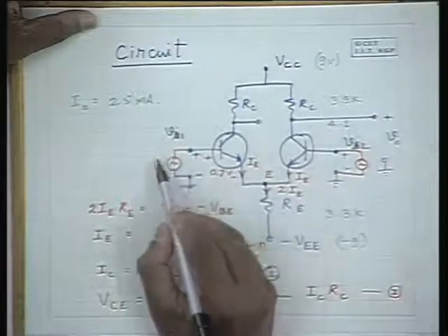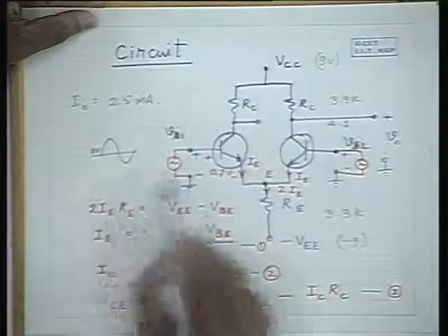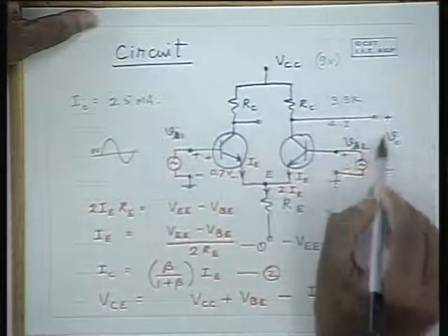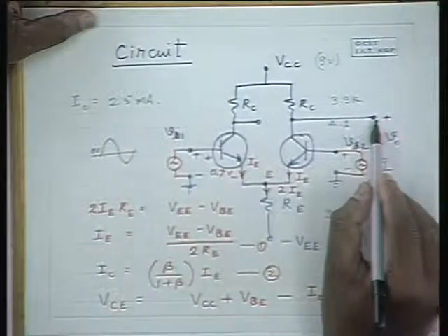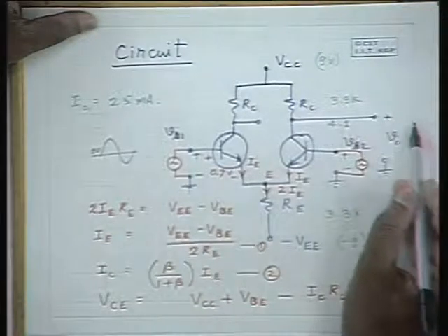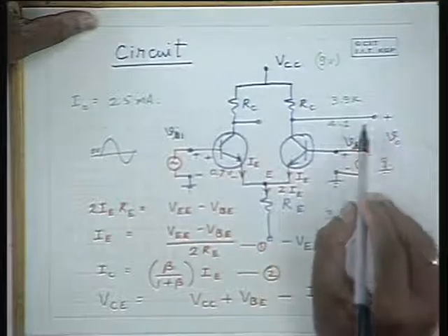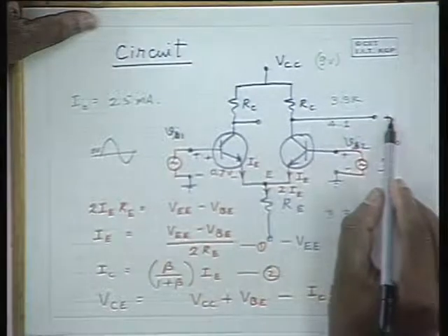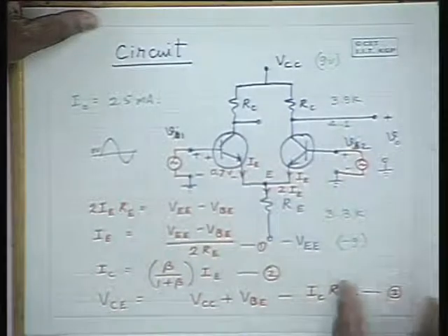Hence, when the signal is applied around 0 volts, you will get an amplified output around some voltage other than 0. It may be 4 volts or 5 volts or something of that order. But as far as the amplifier is concerned, we want the output to be biased at 0. Then how is it possible?